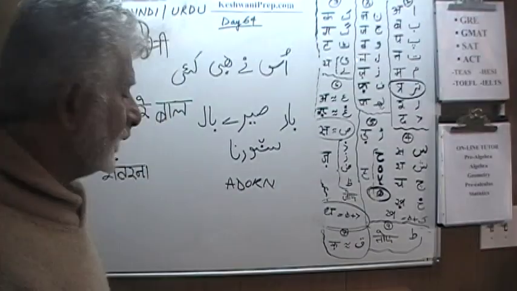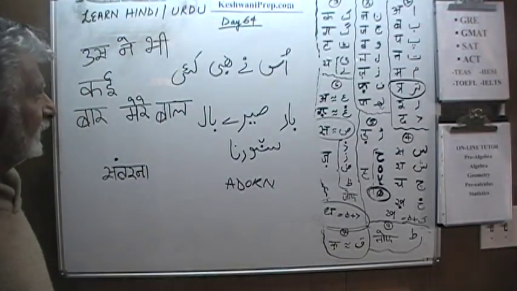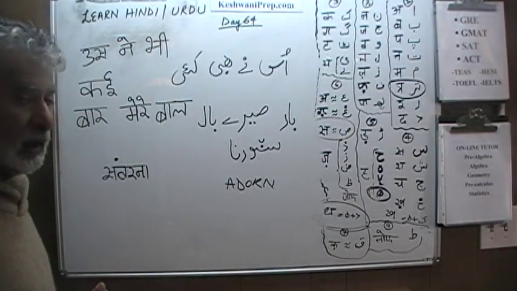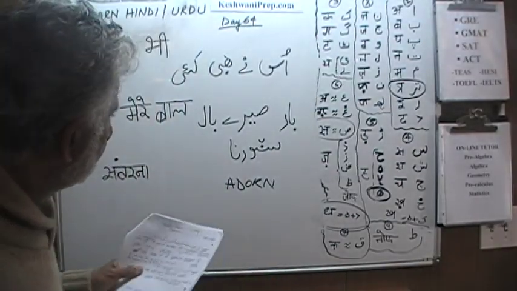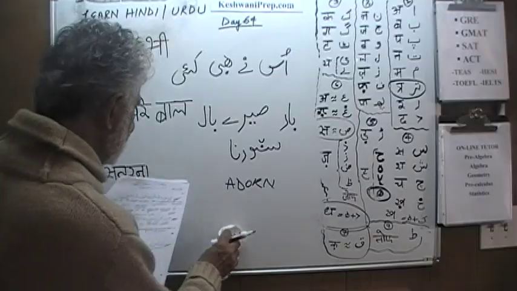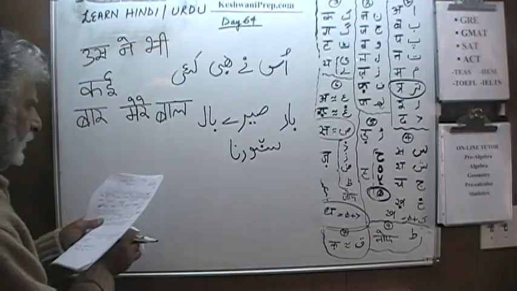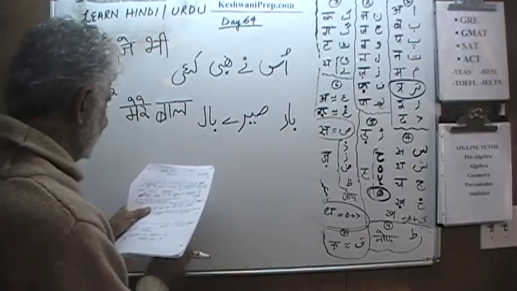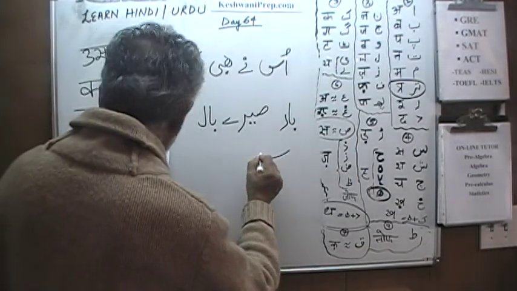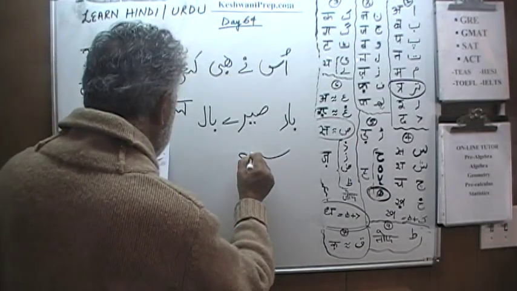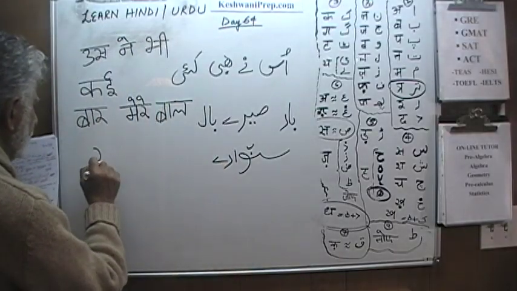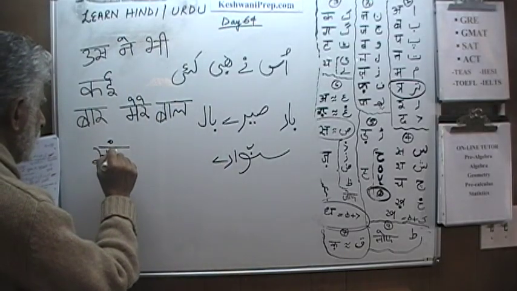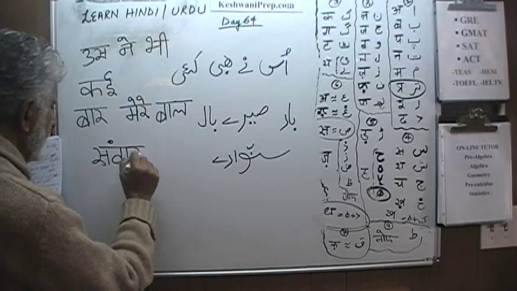And from the word Savarna, we're going to need the next word here. Usne bhi kai baar mere baal savare. Savare. What we need is sa, wa, re.